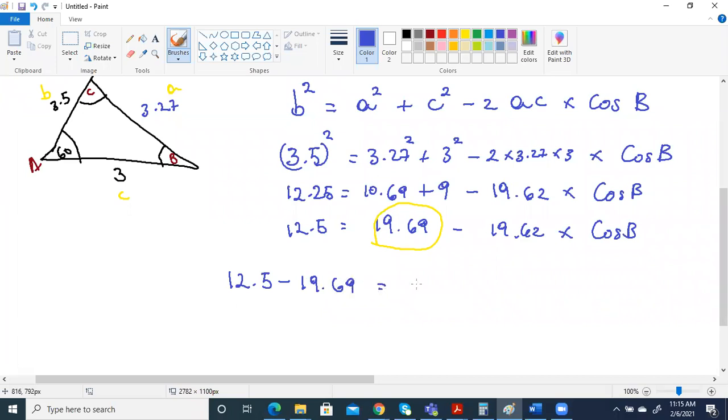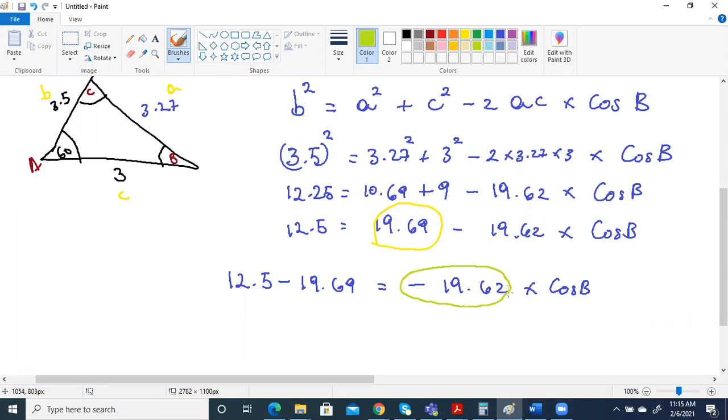So we're going to end up with 12.25 minus 19.69 equals minus 19.62 times cosine B. If you want, you can work this out. I'm not going to work it out as yet. I'm going to just do my second move first, which is to move this across the equal sign.